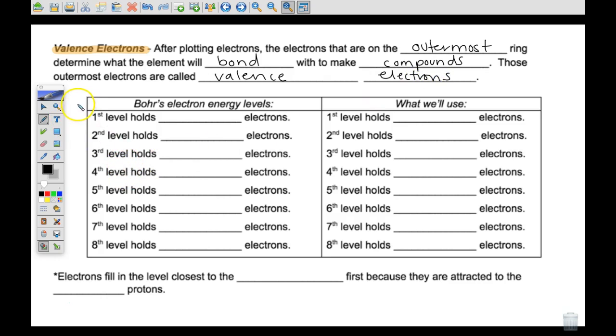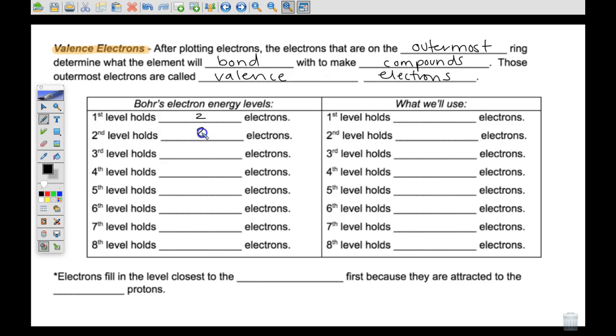So in 1911, when technology wasn't as advanced as it is today, Bohr theorized that there were 8 different energy levels for electrons. The first level could hold 2 electrons. The second level could also hold 2 electrons. Nope, not 2 electrons. The first level holds 2 electrons.